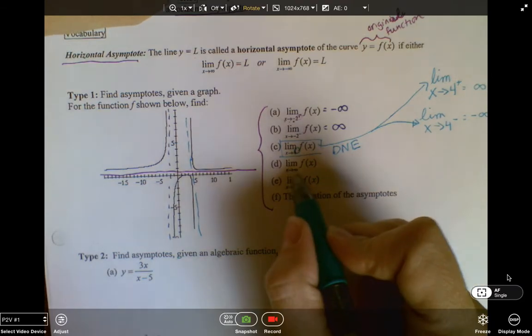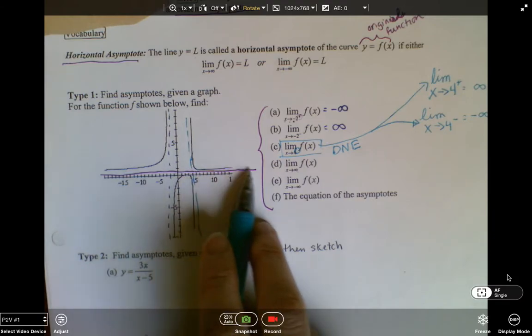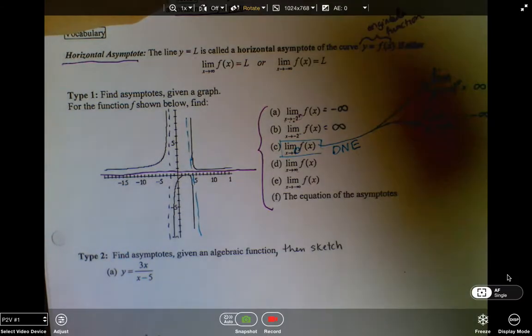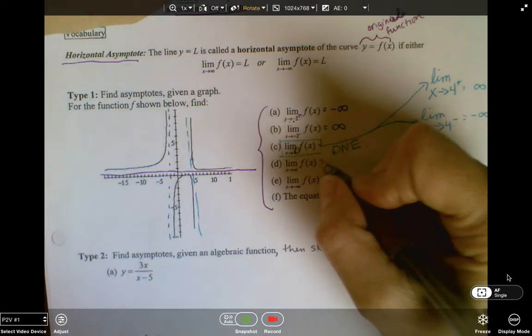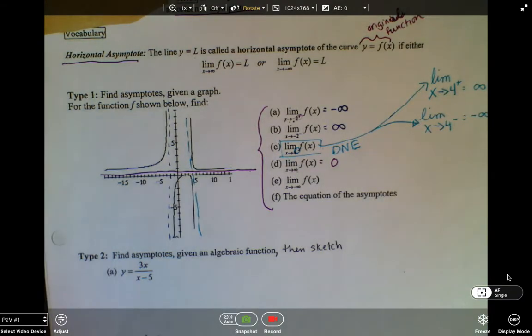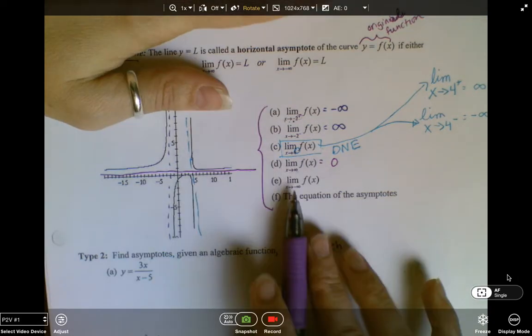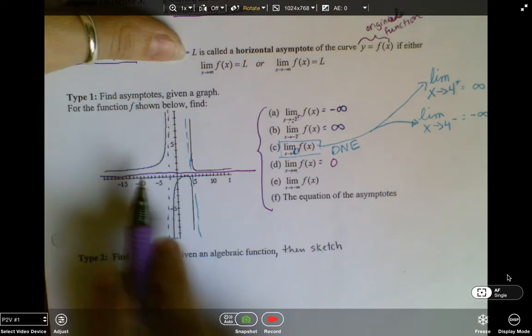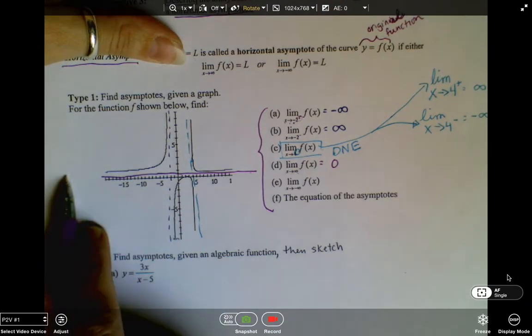Now, the limit as x approaches +infinity, so as I trace my function as it's going out towards the right, what is it doing? Well, it appears to be getting closer and closer to 0, so we're just going to estimate for this function and say it's approaching 0. And as it is going to -infinity, so I drag my pen out to the left, it also looks like it's probably going down towards 0.